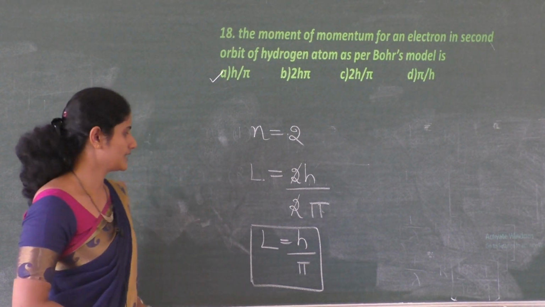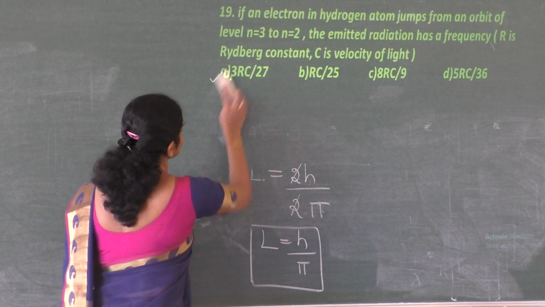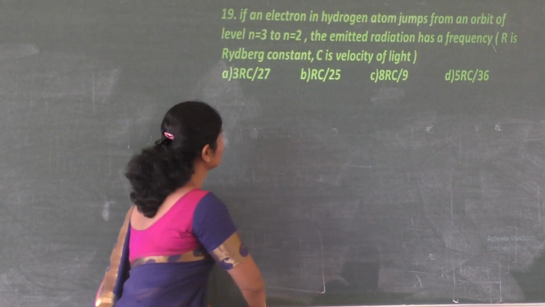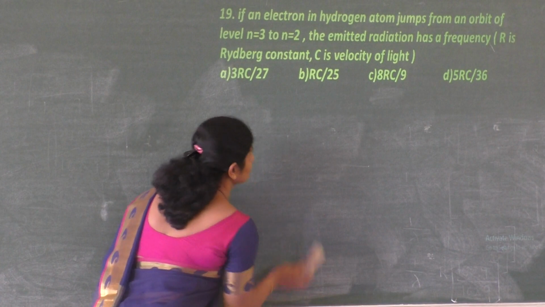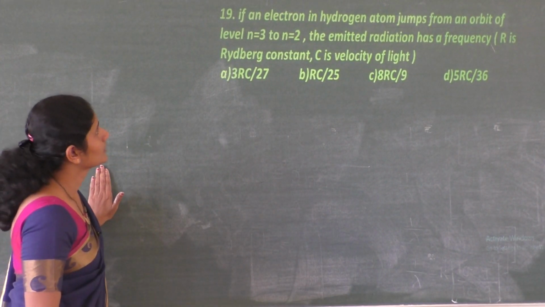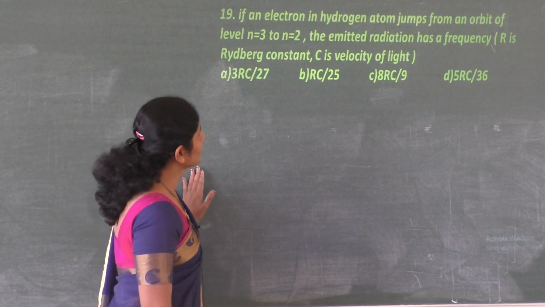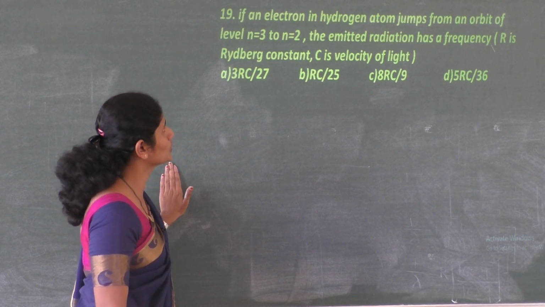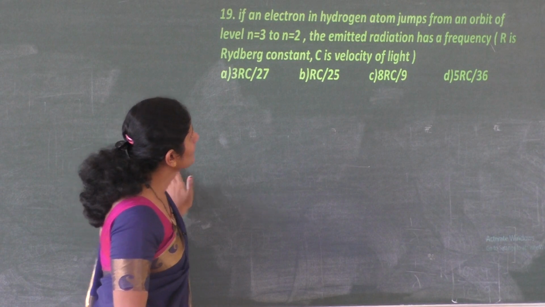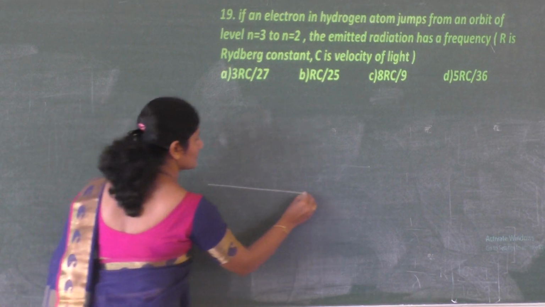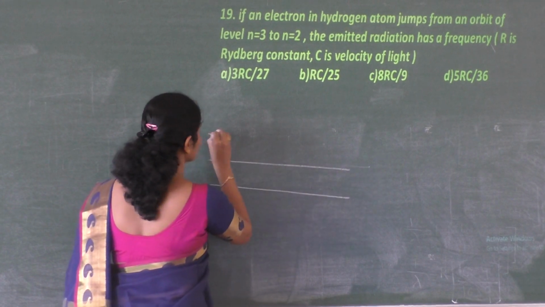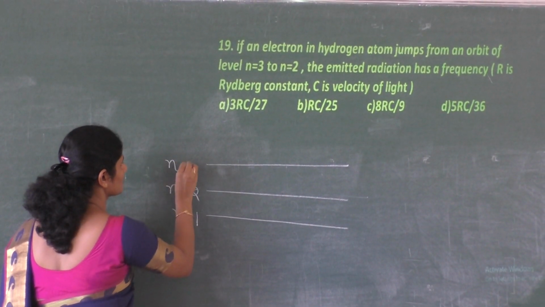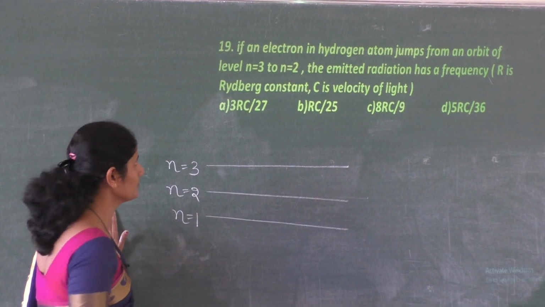Next, question number 19. In question number 19, we have, if an electron in hydrogen atom jumps from an orbit of level n is equal to 3 to n is equal to 2, the emitted radiation has a frequency. So the electron is jumping from 3 to 2.